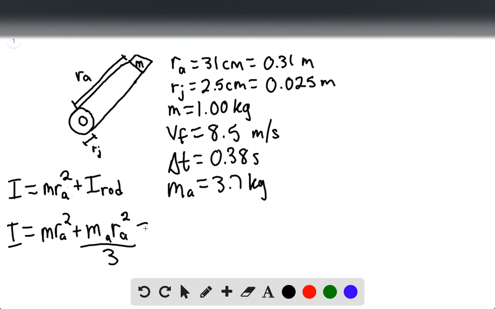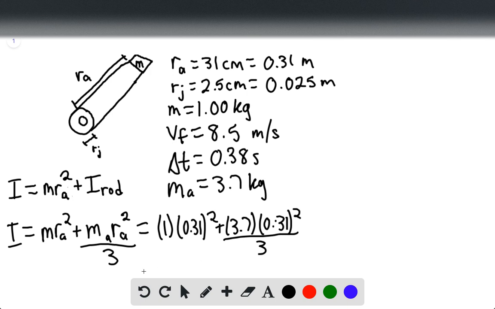And this is going to equal, of course, 1 times 0.31 squared plus 3.7 times 0.31 squared divided by 3. And we know that I is now equal to 0.2146 kilogram meter squared.